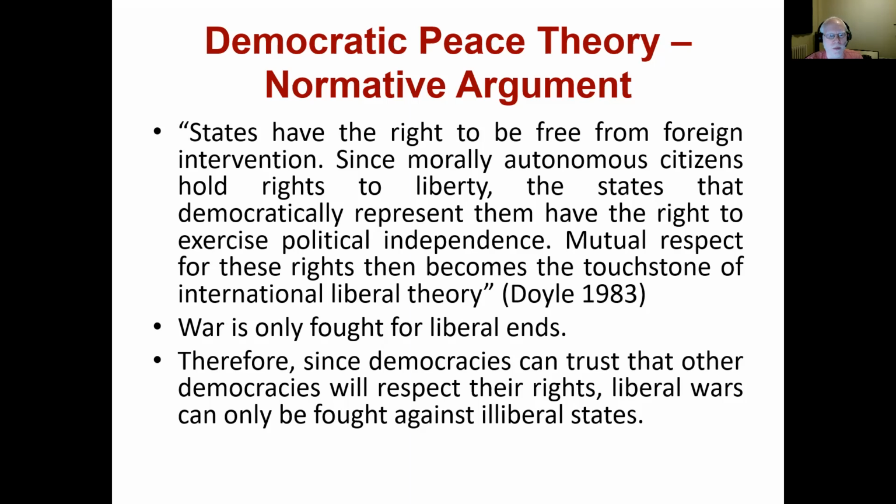So if you're a democracy, and most democracies hold the belief that people have the right to choose their government and control their destiny, right? People are free, people have the right to choose their government. Say I'm Canadian, and I believe it's my right to participate in the democratic process, to be a participant in choosing how my country is going to be run.